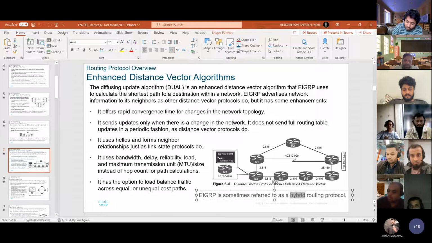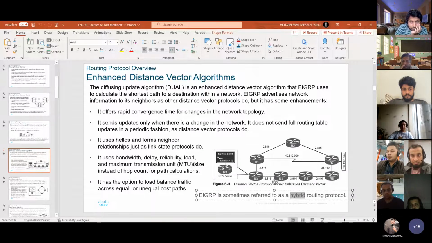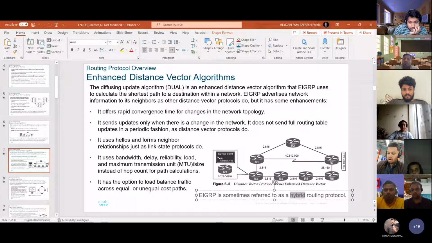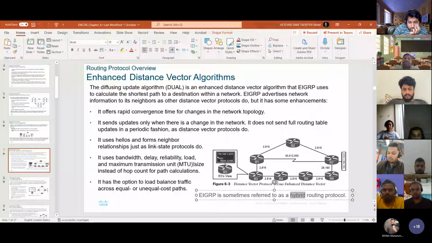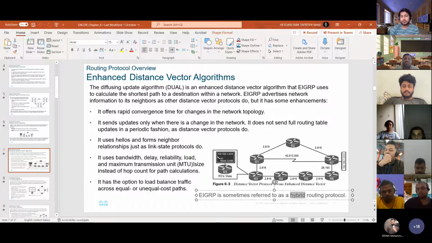Another thing with EIGRP, and the reason we call EIGRP an enhanced protocol, is that for some other routing protocols like OSPF, for instance, we need to send the entire routing table. Whereas with EIGRP, we're going to send an update only and only when there is a change.